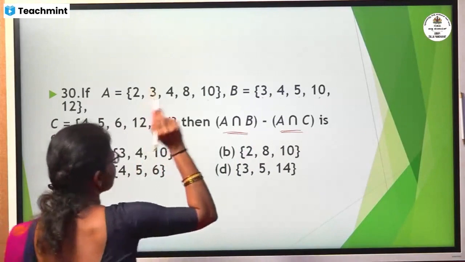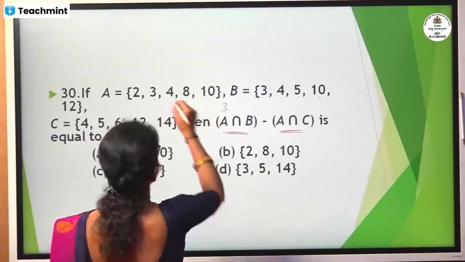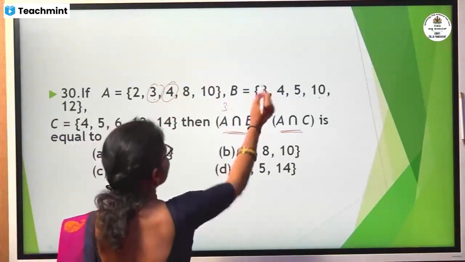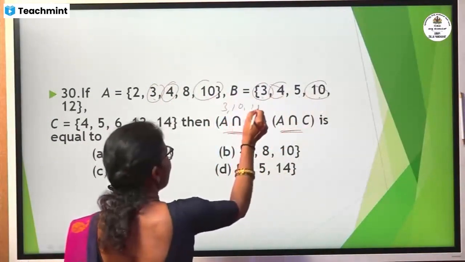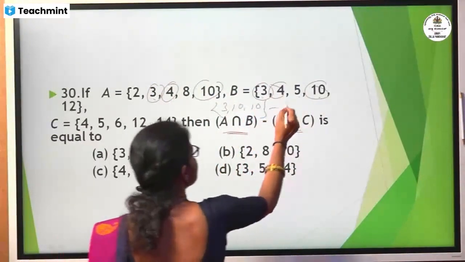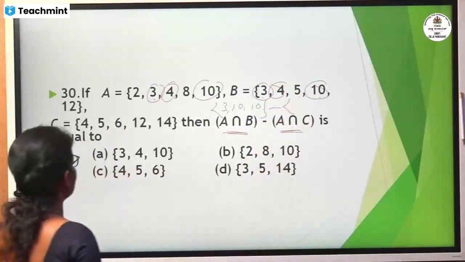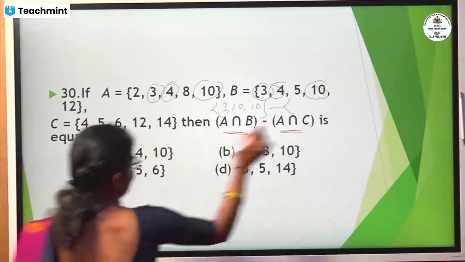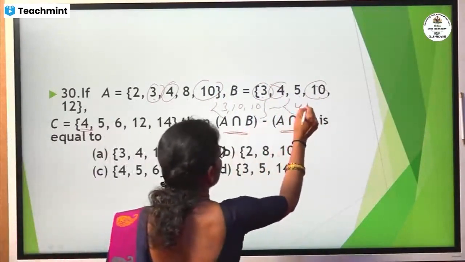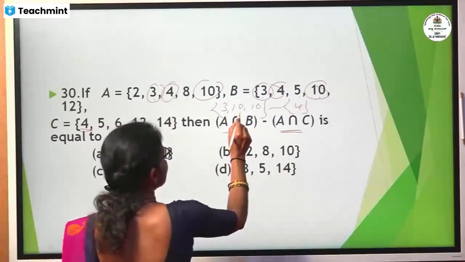So A intersection B is 3, 4, and 10. Consider A intersection C. A with C. That is 4, only 4.